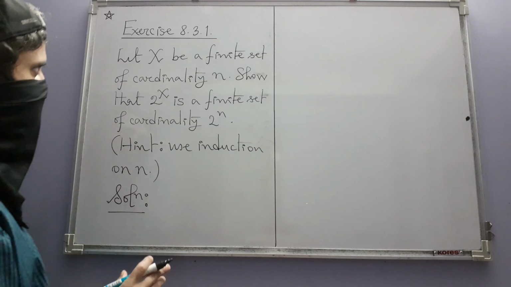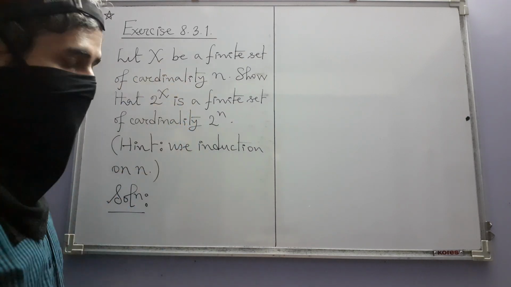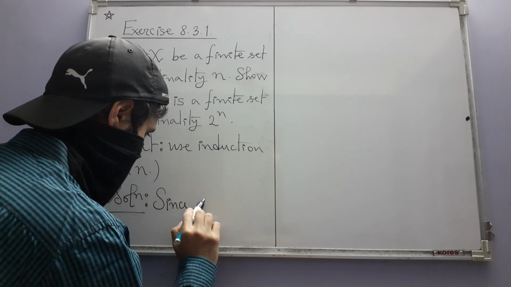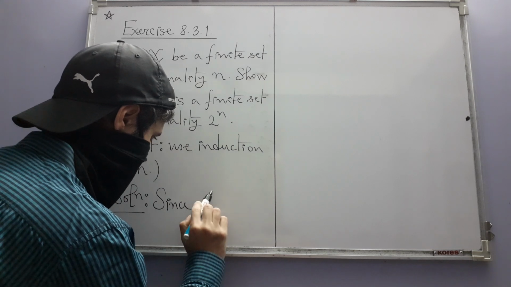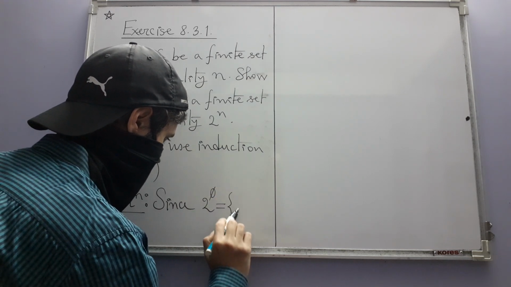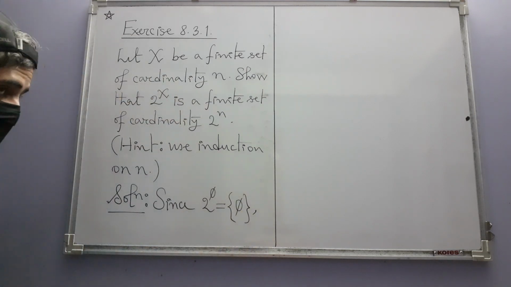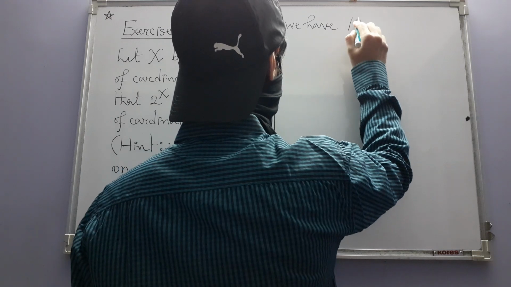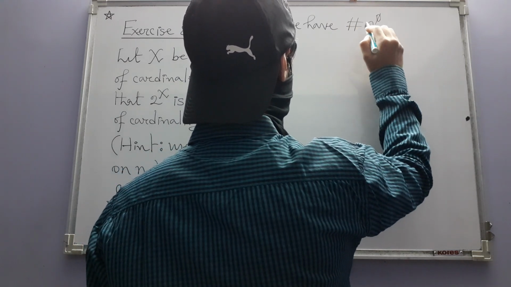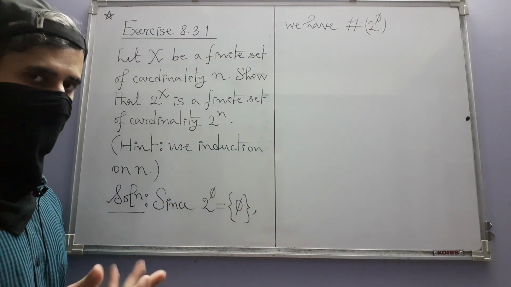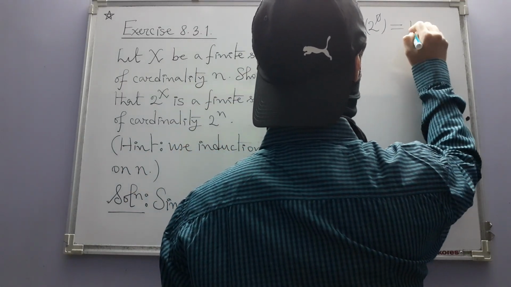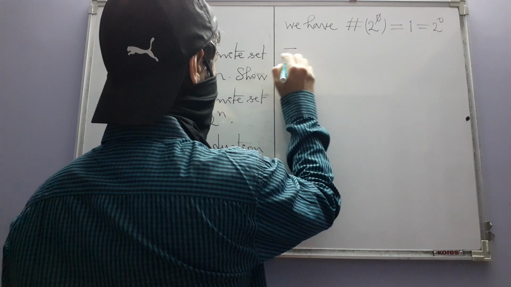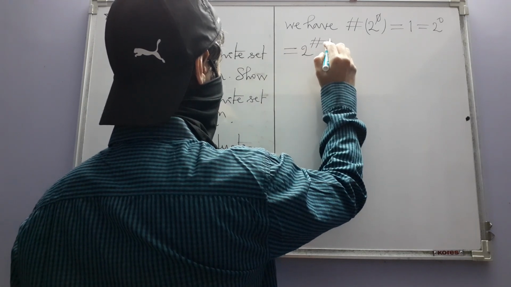As a basis for our induction, we are first of all going to consider the empty set in place of X. Since the power set of the empty set is the singleton set consisting of the empty set itself, we have the cardinality of the power set of the empty set then is 1 because there is only one element, but 1 is also the 0th power of 2, and 0 is nothing but the cardinality of the empty set.